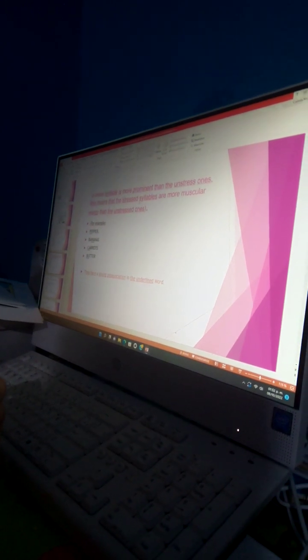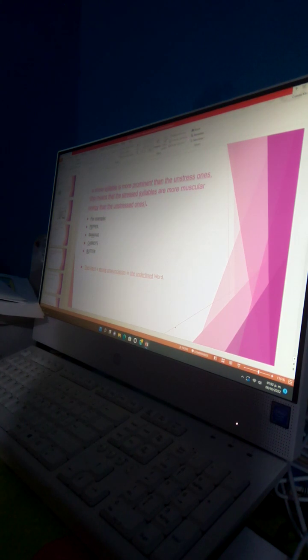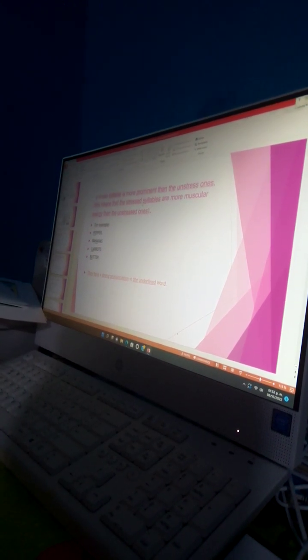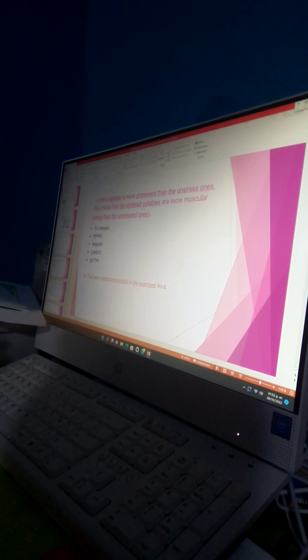Let's continue. The stressed syllable is more prominent than the unstressed ones. This means that stressed syllables use more muscular energy than the unstressed ones. That means that you make an articulation with your mouth in order to pronounce the words. For example, we have here four examples. Pepper, your mouth makes a movement to pronounce the word pepper.